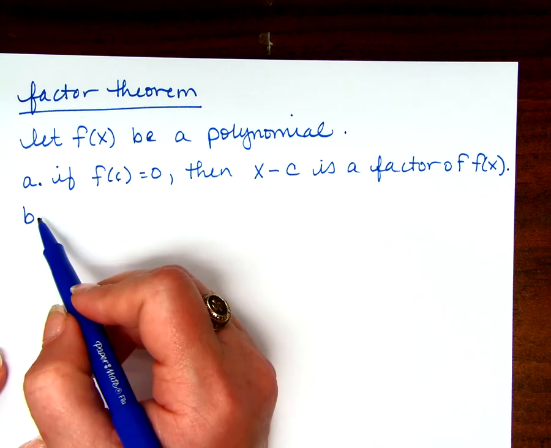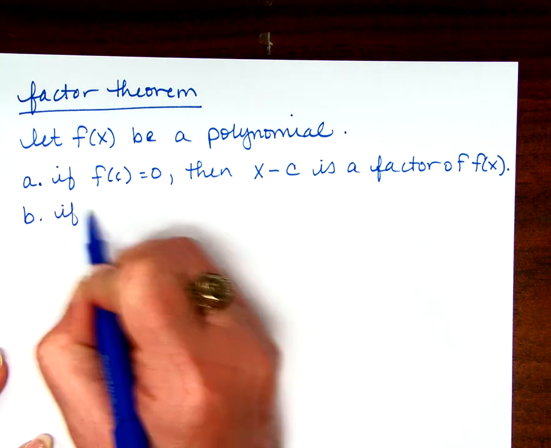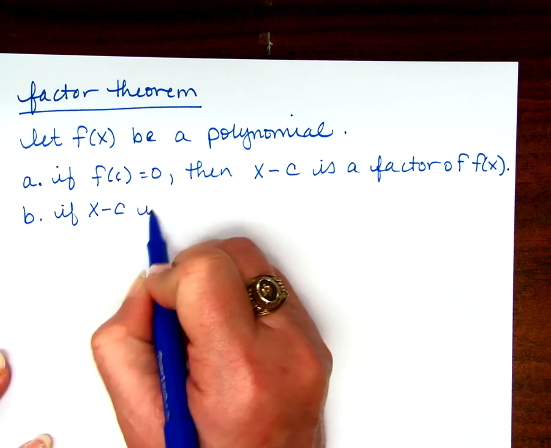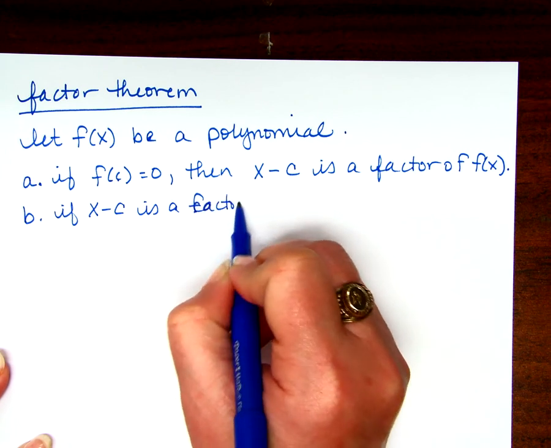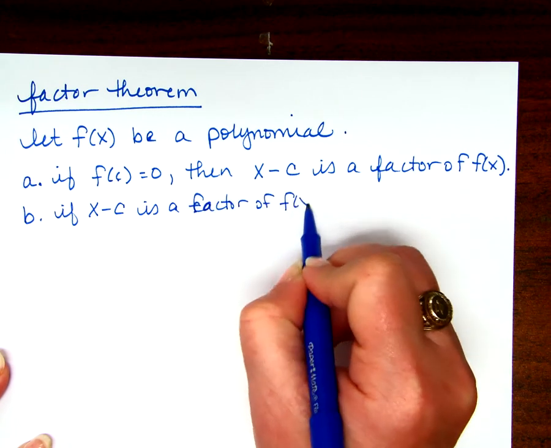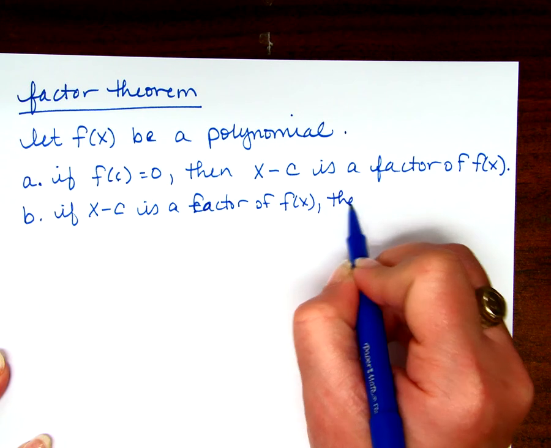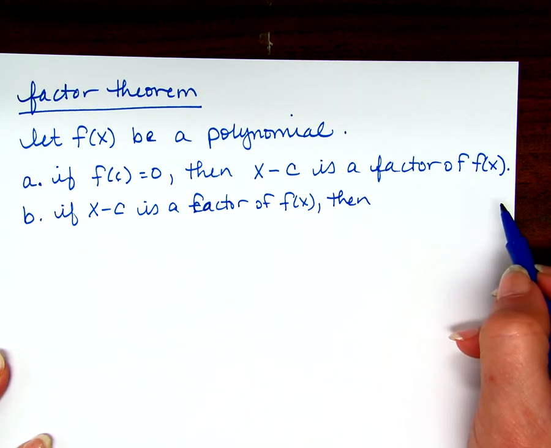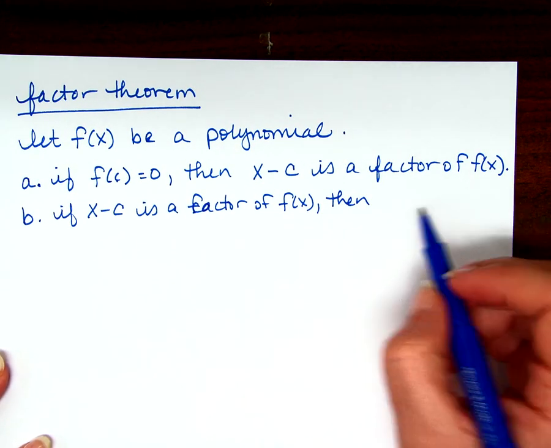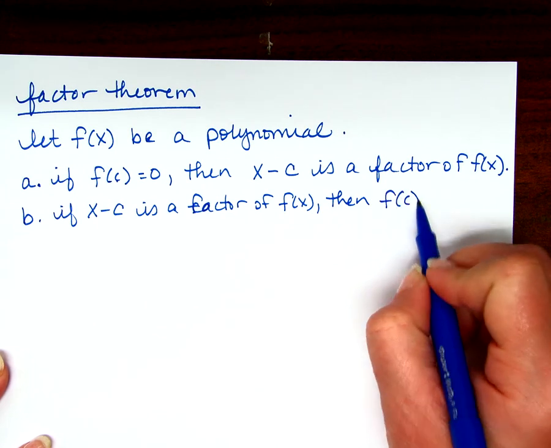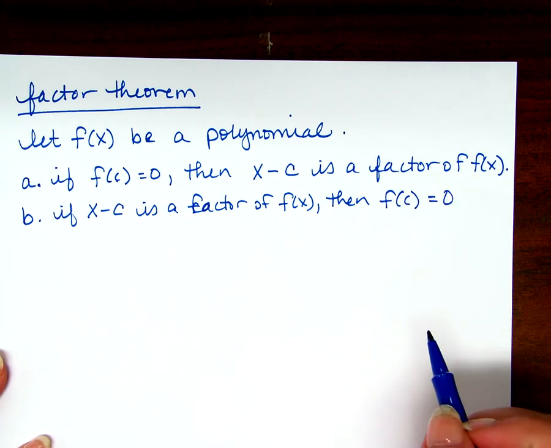Part B says if x minus c is a factor of f of x, then what? Can you tell me? It is. f of c is 0.